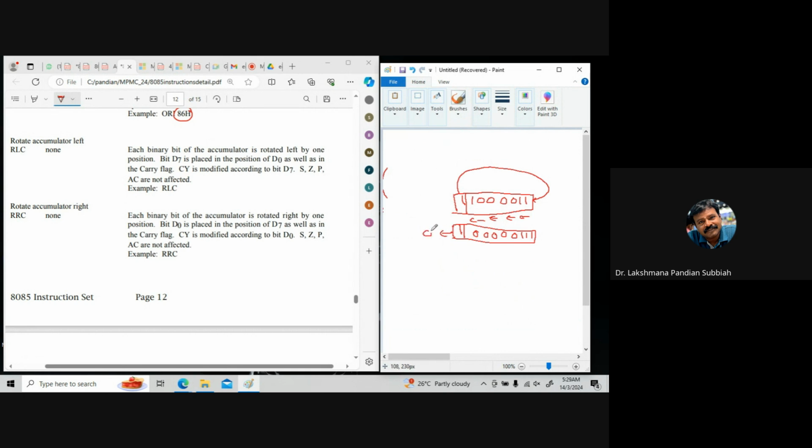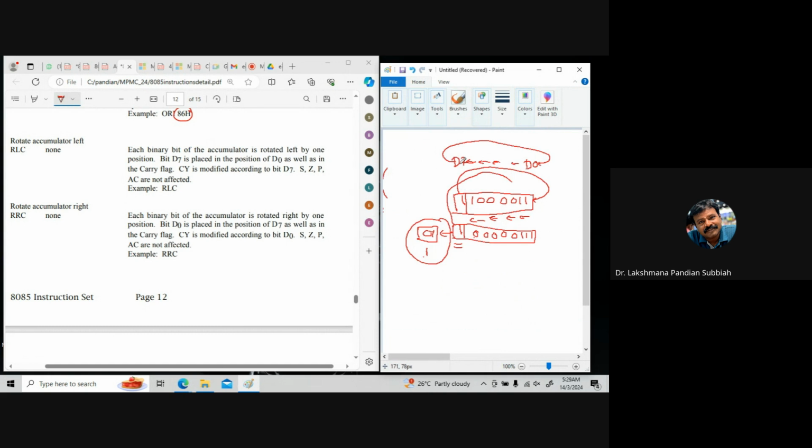So the carry flag copies the last MSB bit, and whenever that bit is 1, the carry flag is modified by the rotation. That is RLC. Here D7 is the first bit and D0 is the last. D7 is placed in the position of D0, and everything else moves one bit left.